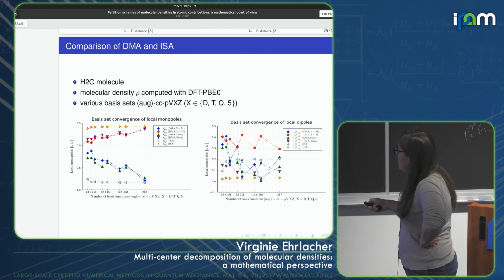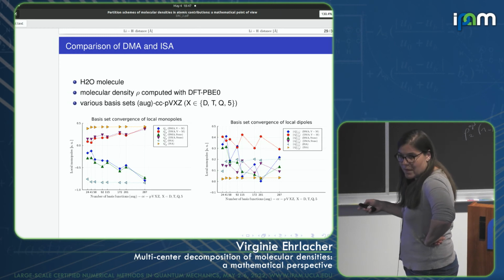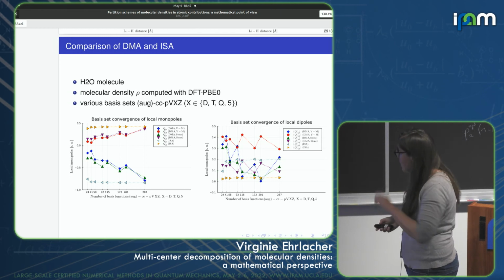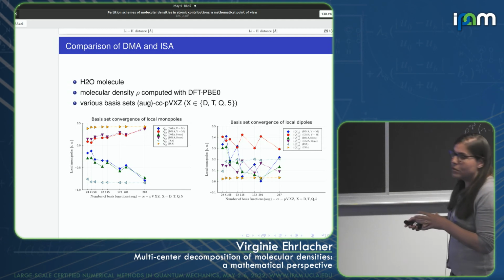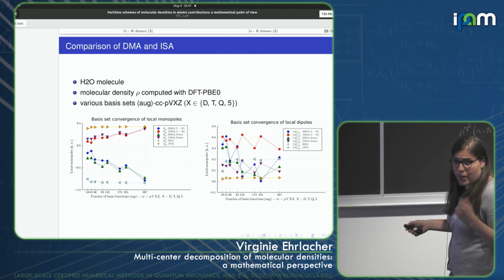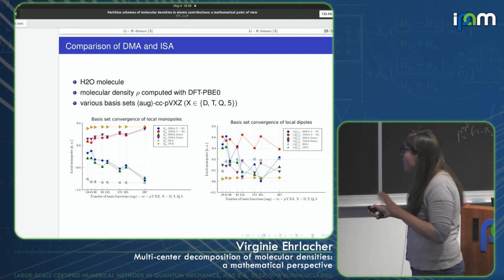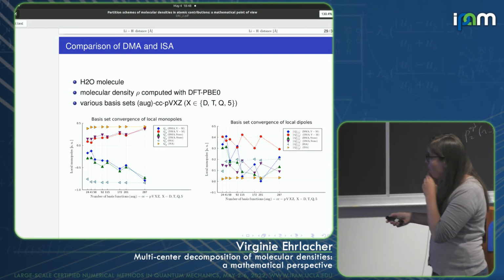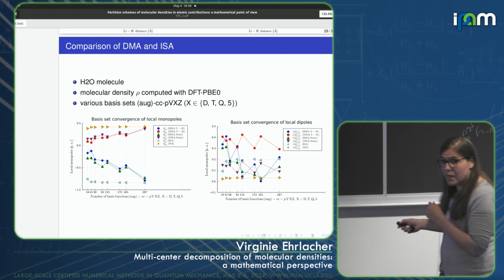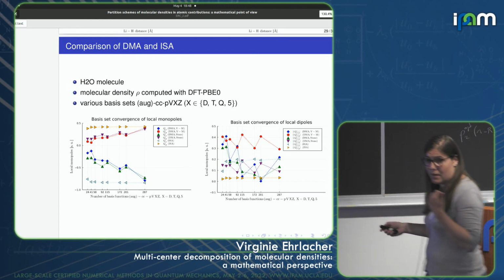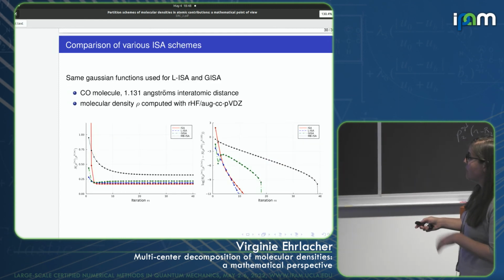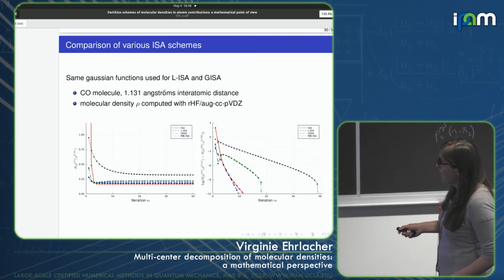On the other hand, for the DMA approaches, for instance this set of red dots, you see an erratic behavior. That illustrates what I was telling you at the beginning of the talk: at least for the DMA method on these particular systems, it's much more basis set dependent than the ISA.